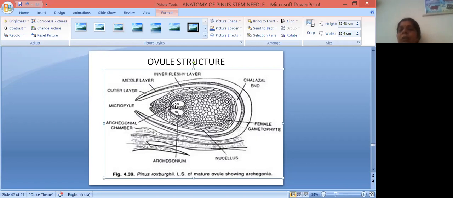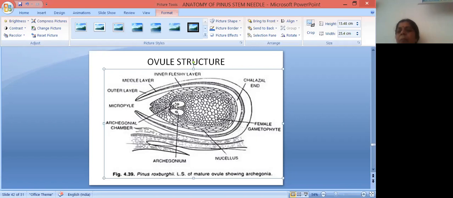The zygote nucleus divides by two mitotic divisions, forming four nuclei which move to the base of the zygote. All the four nuclei are arranged in one plane, and only two nuclei are thus visible in lateral view. A synchronous division gives rise to 8 nuclei arranged in two tiers of 4 cells each.